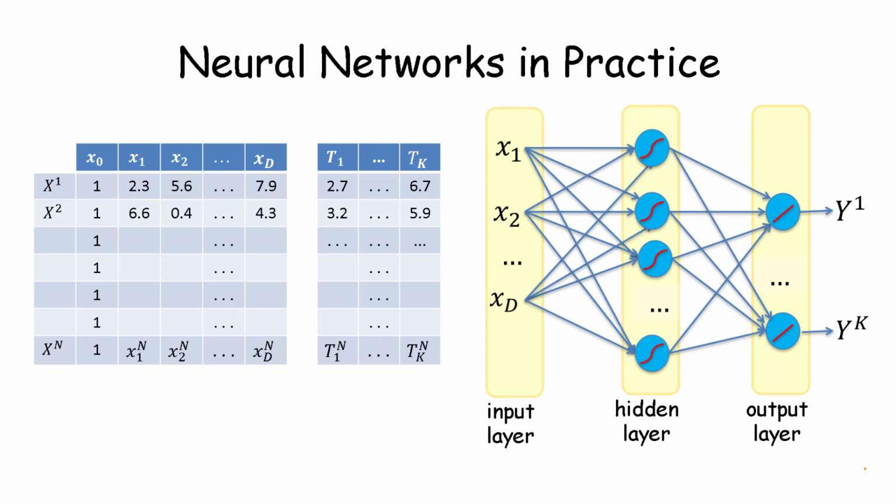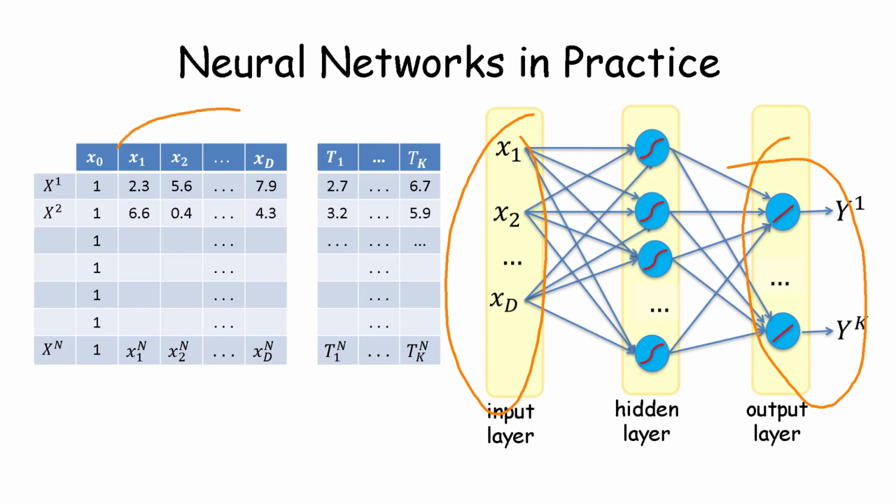In a 3-layer feed-forward network, the number of input and output neurons will depend on how many input and output attributes you have in your dataset. The number of hidden units is something you can adjust. There's no hard rule for how many hidden units you should use, and you should try out different numbers of hidden units to see which one gives you the best performance.